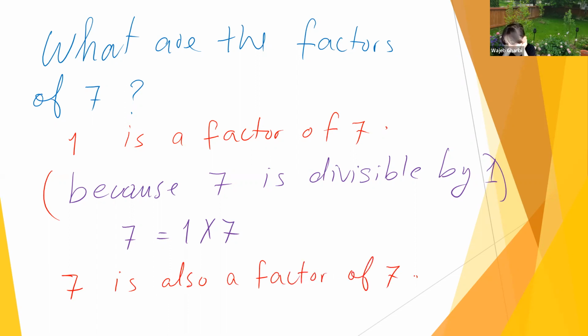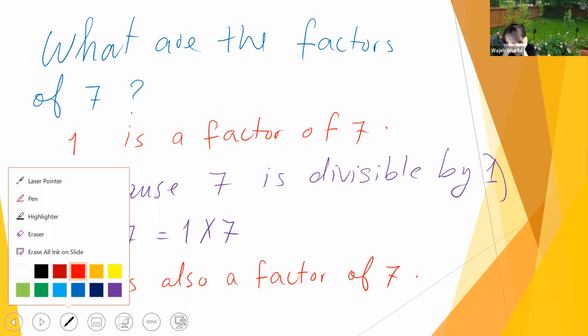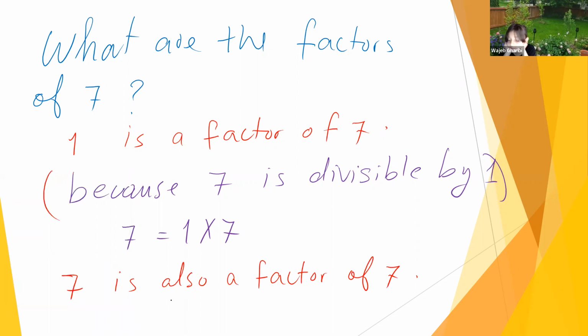Why? Because 7 is divisible by 7, and 7 equals 7 times 1. Okay?